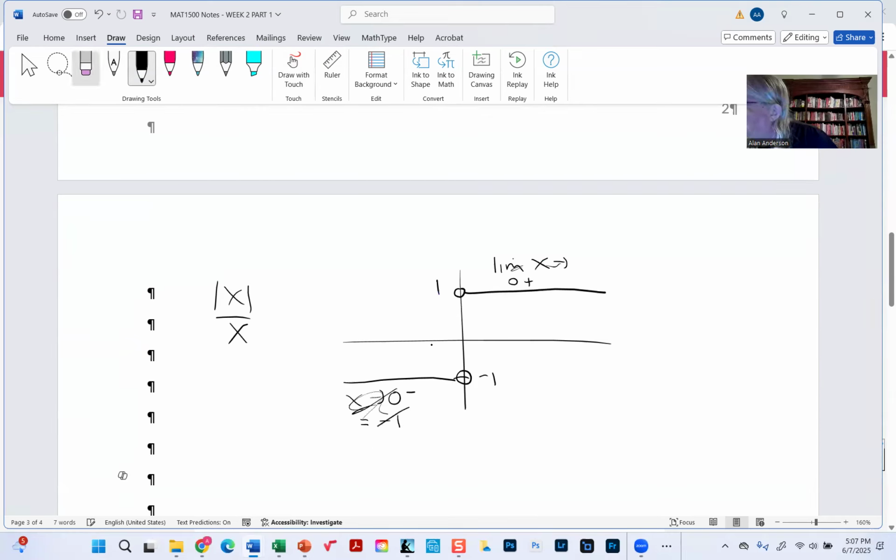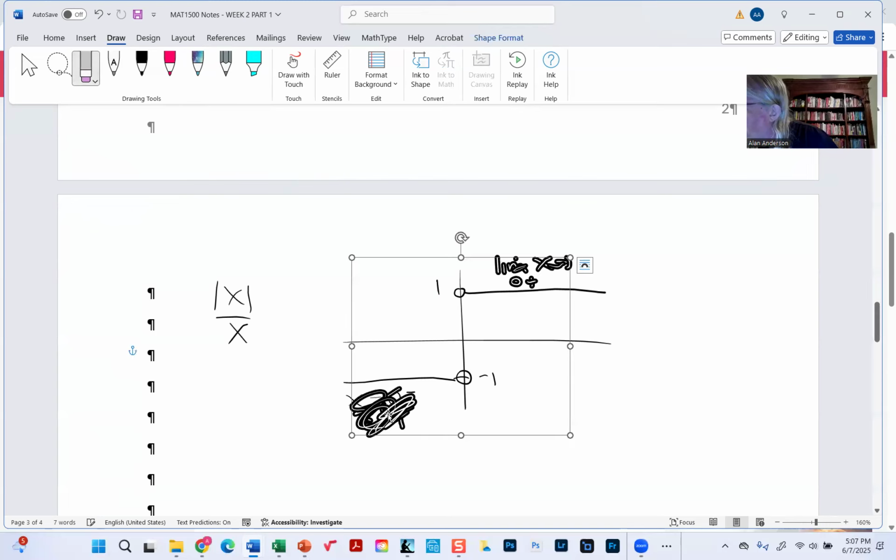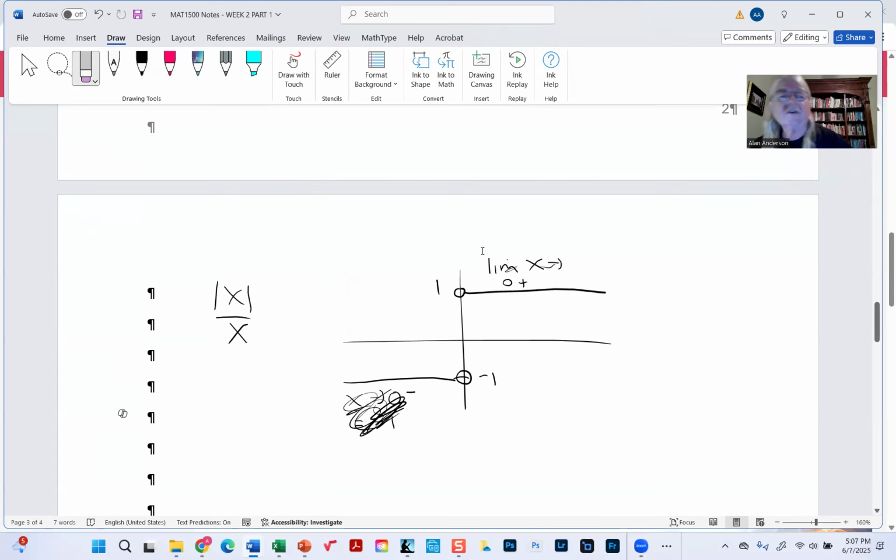Hold on. No, I didn't draw it correctly. Hold on. Now, of course, sometimes I've noticed with this tablet, the eraser gets funny. Let's try that one more time. Just to make sure everything's clear as it can be.